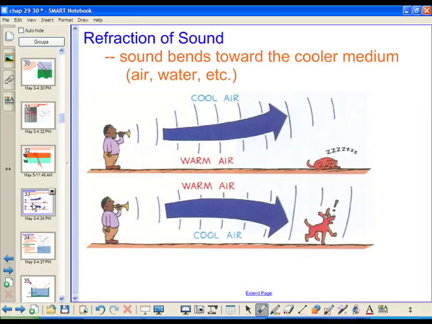Think about our little mower there, right? It's going to bend that way. Warm air on top, cool air on the bottom, goes down like that. So you hear different things on that. So that's what happens with sound.